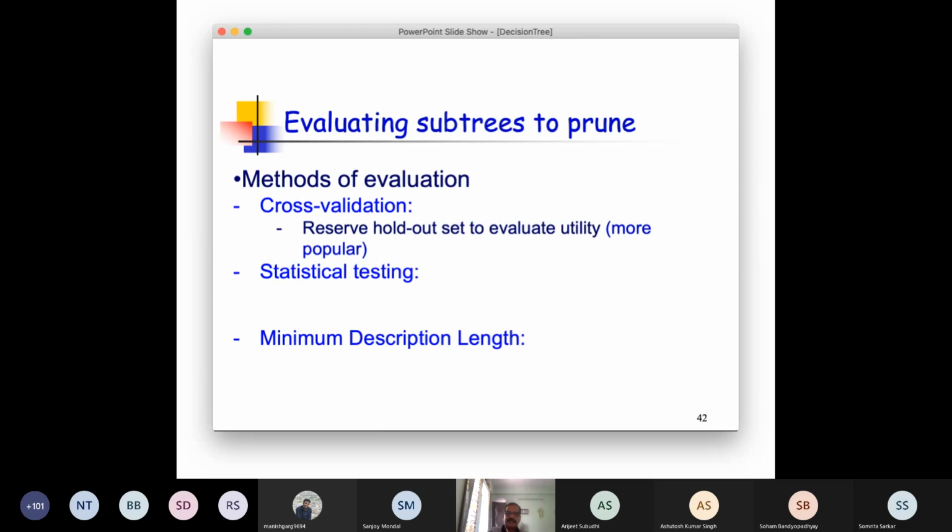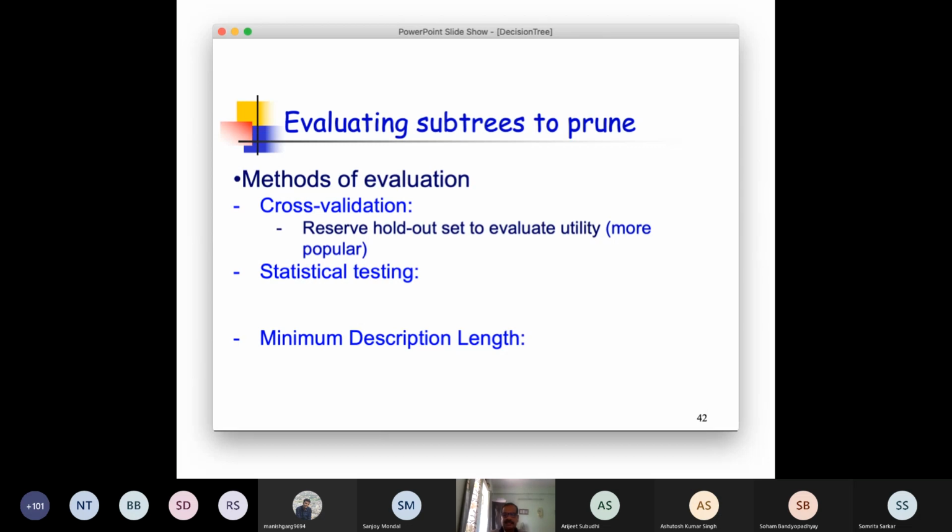In the cross validation method, you should have a validation set, which I was referring to as the test set; you should consider it as the validation set here. There is a little difference between validation and test, which I will discuss later. But for the sake of this discussion, whatever training examples you have for training the model, you partition into two sets. One is the validation set, which is called here the holdout set, and that set is used for estimating the generalization error.